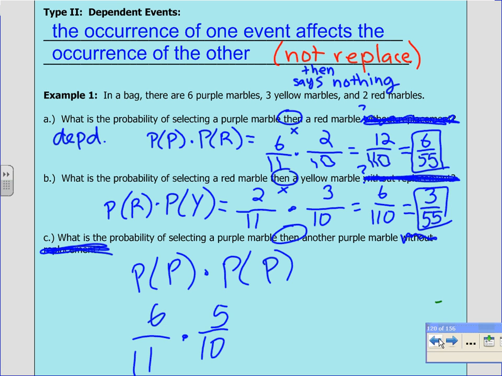And then, do you see at the top where it says and means multiply? Add the word then and the word replace. Those also mean multiply. Why do you think I'd give you this? Annalise, why? Yep.